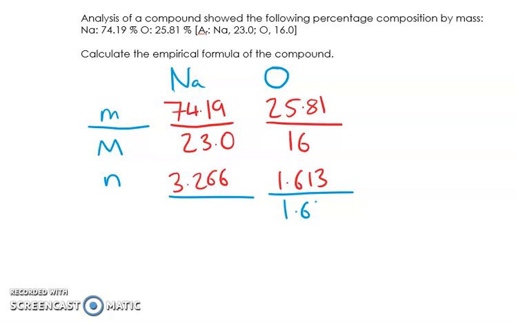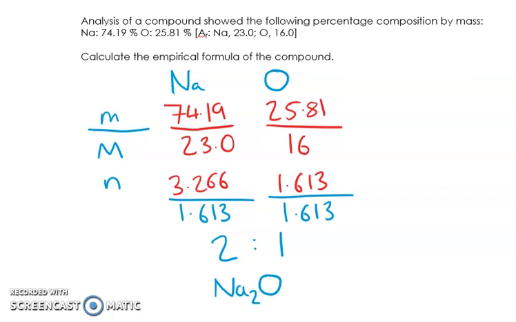So we divide oxygen by 1.613 moles and sodium by 1.613 moles. And this then gives us a ratio of 2 to 1. Yet again, we're still not finished, so now we need to turn this into a chemical formula, and we're going to take our sodium here, make it Na2, to oxygen to give the final formula Na2O.